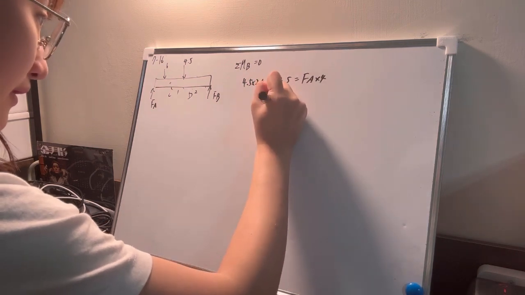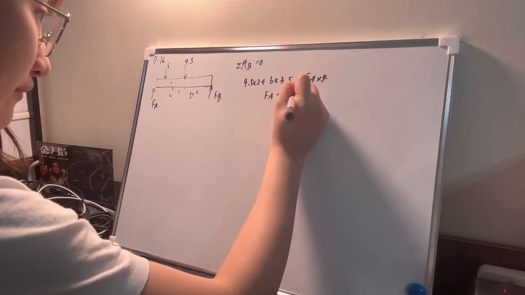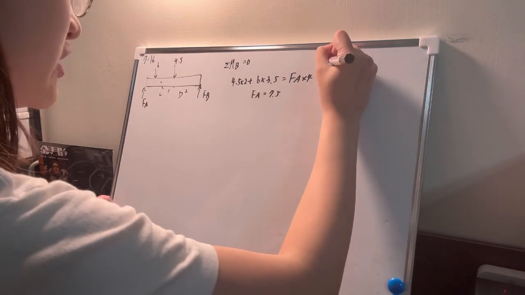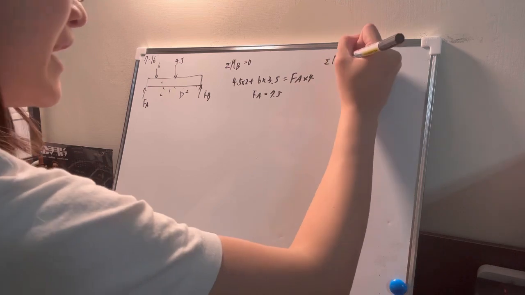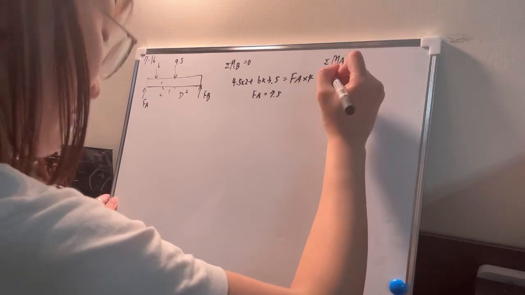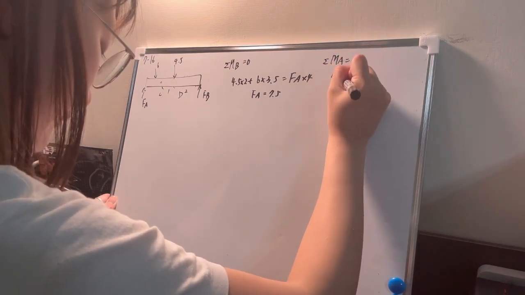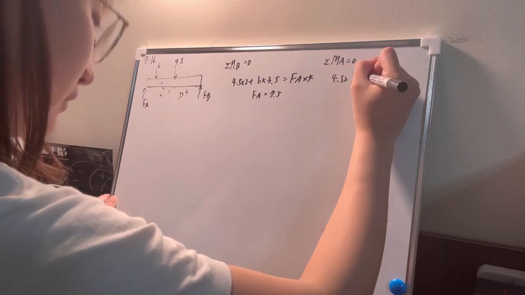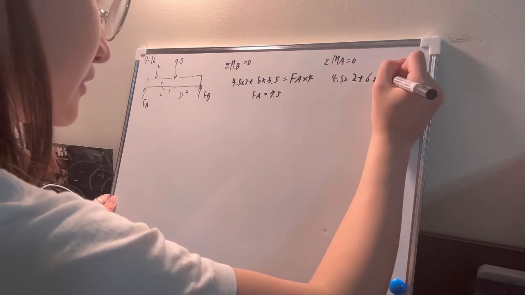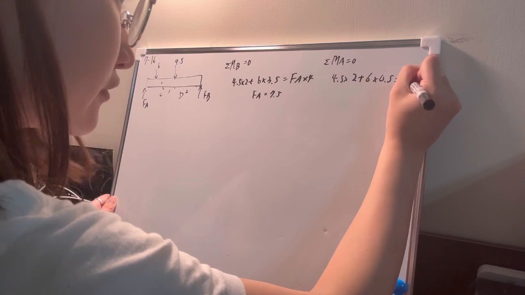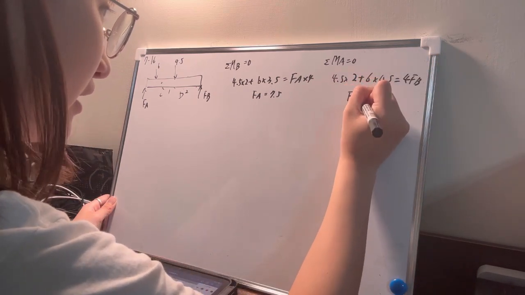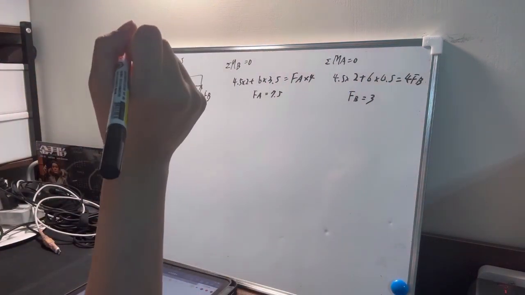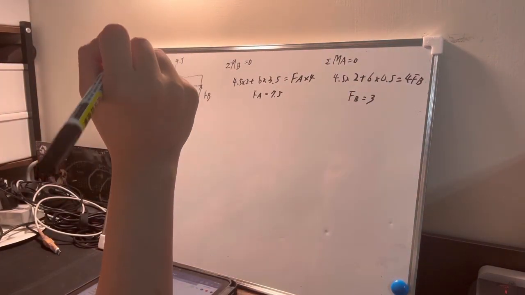So FA is 7.5. And summation of moments about A equal to 0 also: plus 6 times 0.5 is equal to 4 FB here. So FB is 3, FA is 7.5 here.